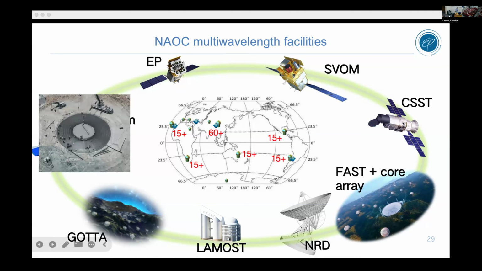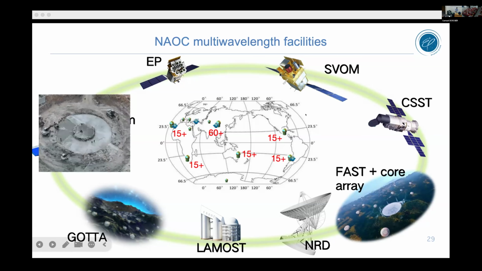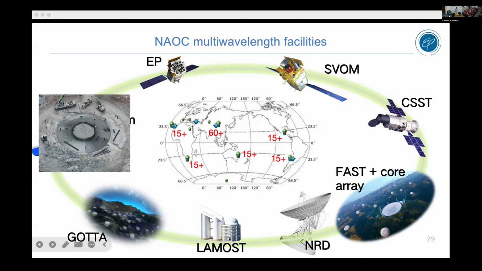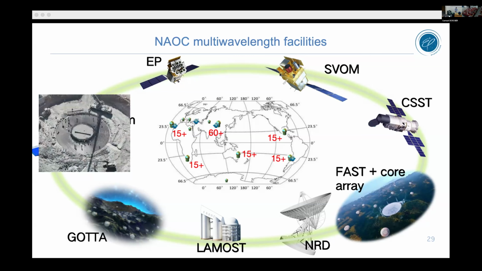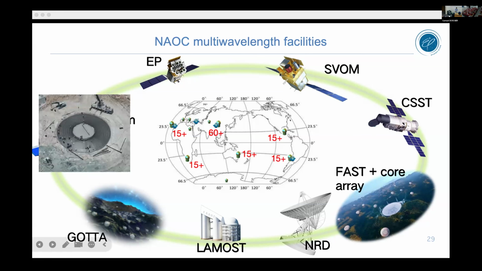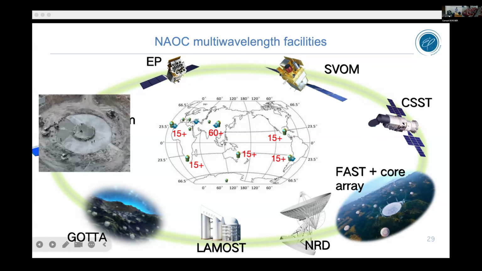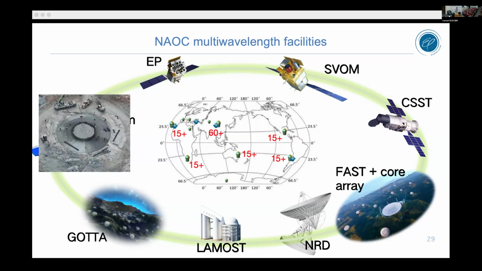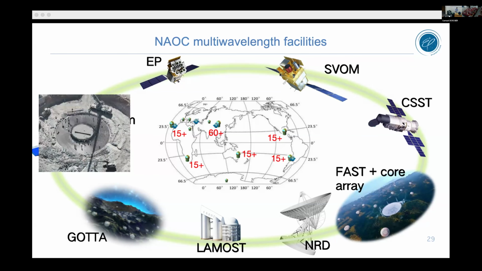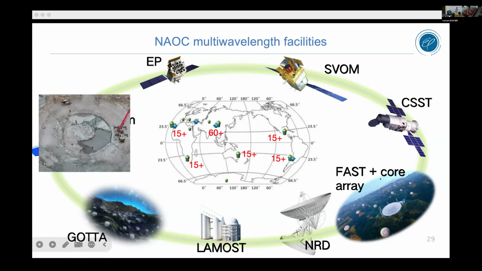And for GOTA, it's an initiative where we intend to build about 100 1-meter wide-field telescopes globally, basically with BRICS countries and many countries abroad, and also some in China. Now we have built two 1-meter telescopes with a 25 square degree field of view.